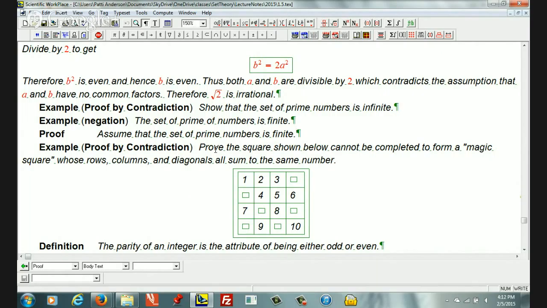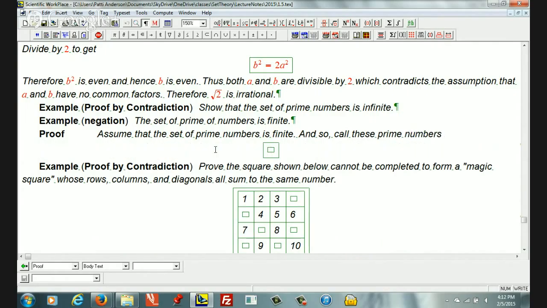Well, we just go from what we know. If we know that this set of prime numbers is finite, then we had sure better be able to list them all. In theory, we're just going to name them. So all these prime numbers are going to be P1, P2, and so on.